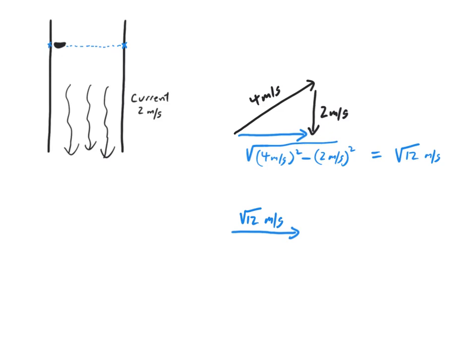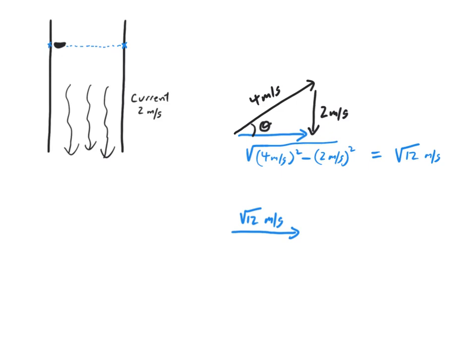Simple as that. Now we're also asked, what angle do we have to aim the boat at? What is this angle theta such that it actually moves horizontally? And again, if we look at this triangle right here, we can just use a little bit of trig to figure that out.